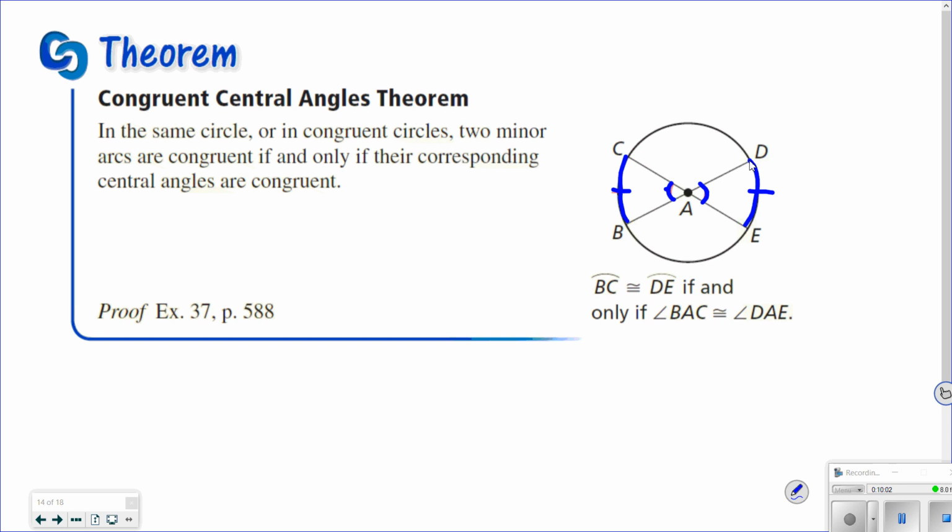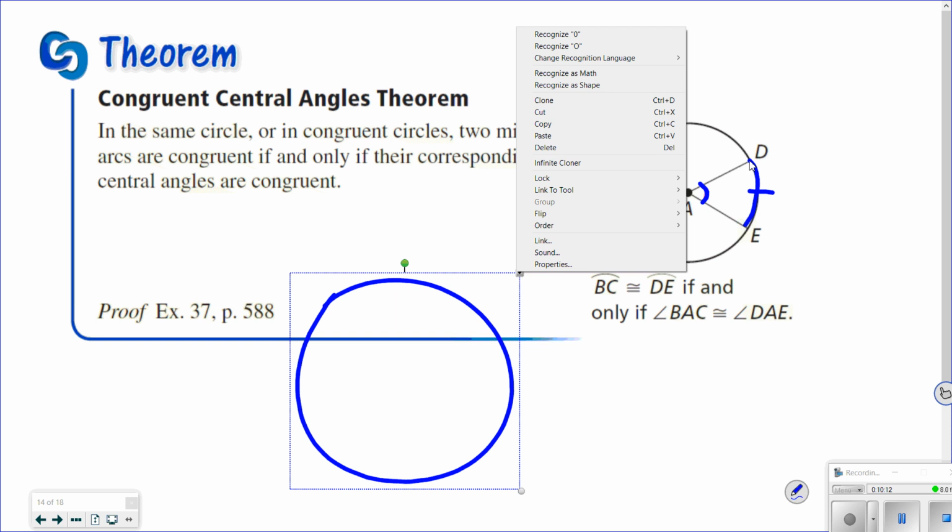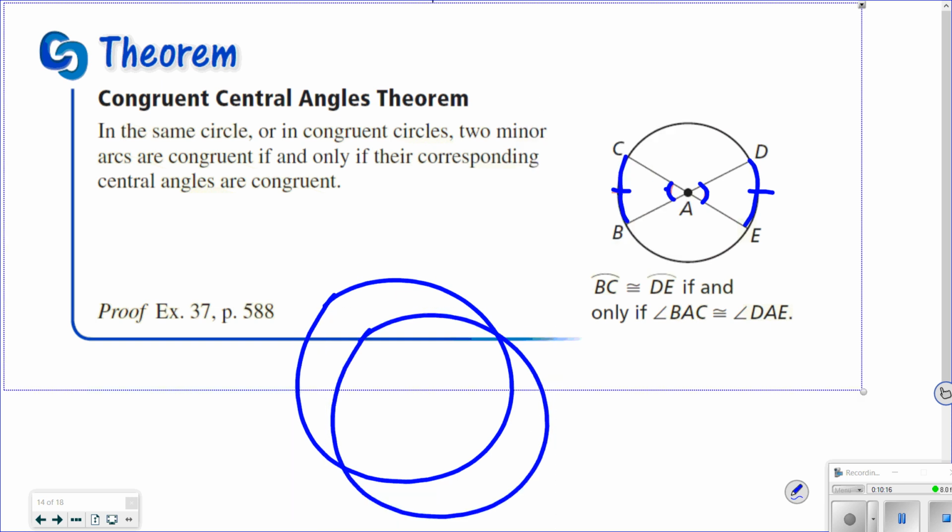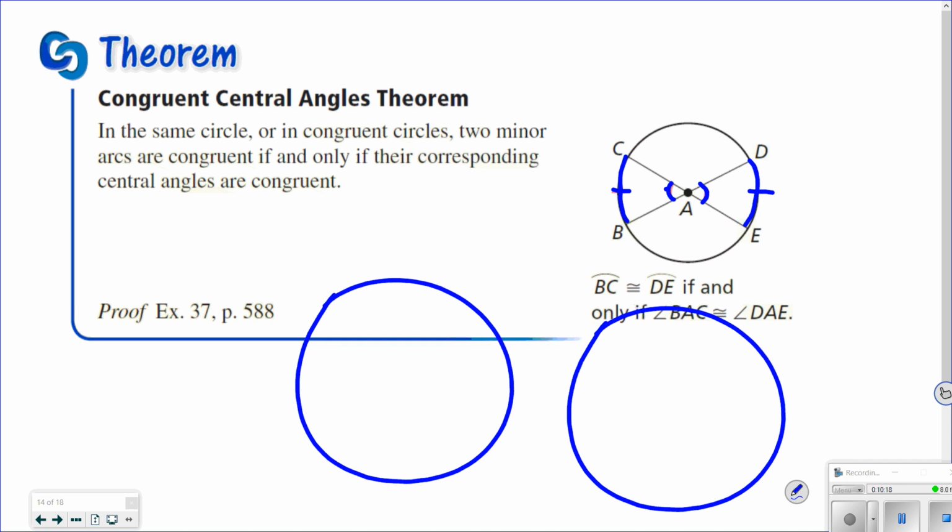It's also true if you have congruent circles. So if I take a circle, I'm going to draw a quick circle down here. It wasn't the greatest circle, use your imagination. But if I have two congruent circles that are exactly the same, then the same thing is also true.